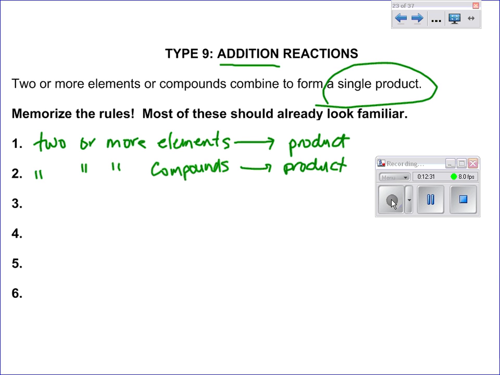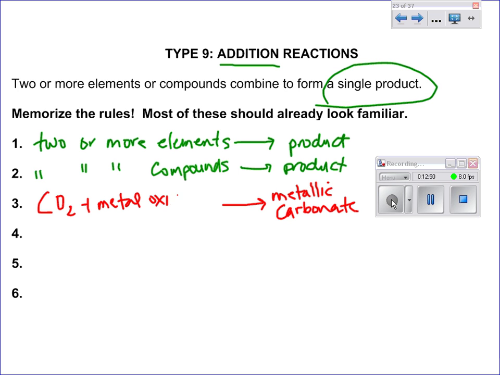These next rules you already know because we did them backwards. You did them as decomposition. What did a metallic carbonate decompose to? CO2 and metal oxide. That's exactly what this is, but it's reversed, because it's an addition instead of a decomposition.